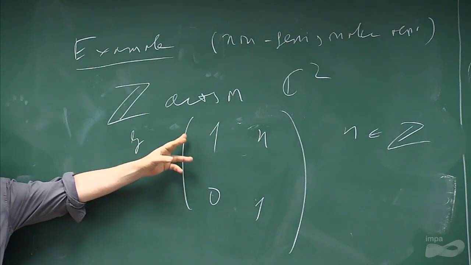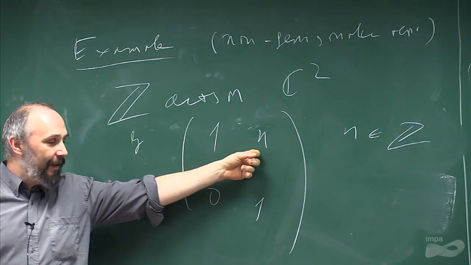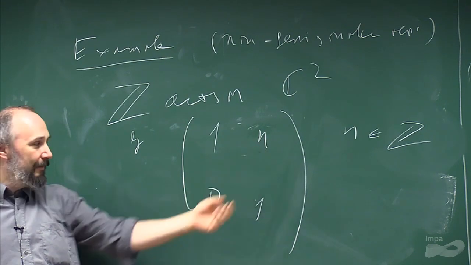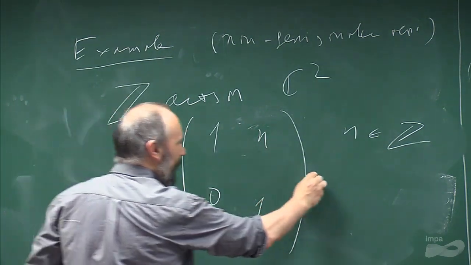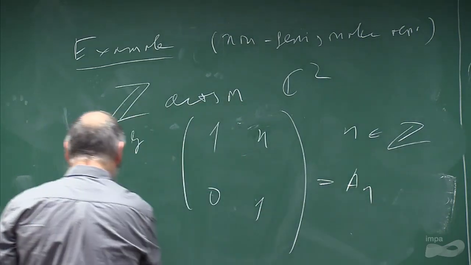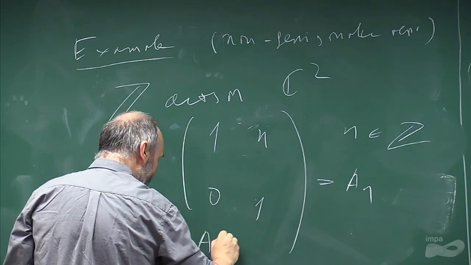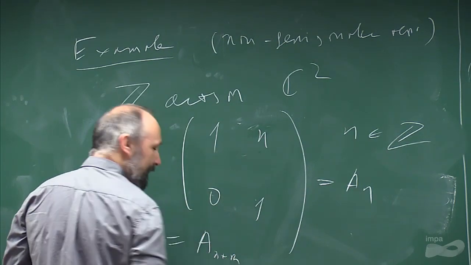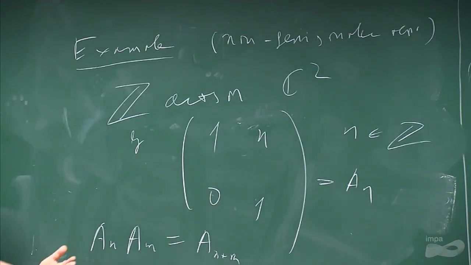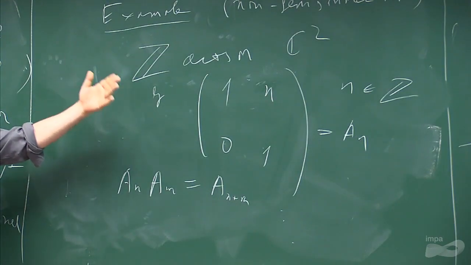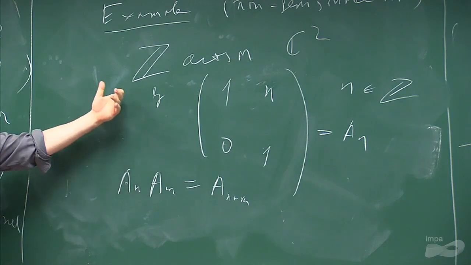You just multiply two such matrices, and then n is added. So if you call this a_n, then a_n multiplied by a_m is a_(n+m). So this is a representation of a group. You embed the group into the group of matrices.